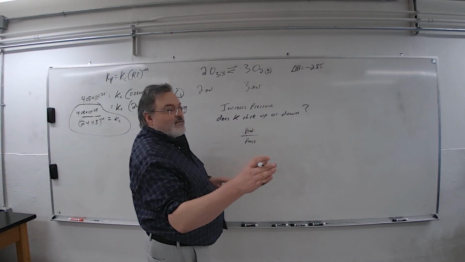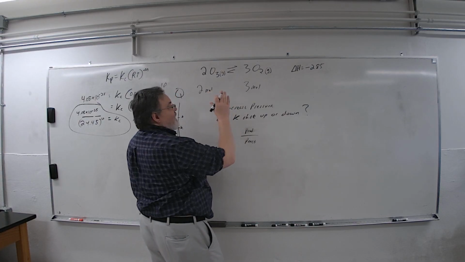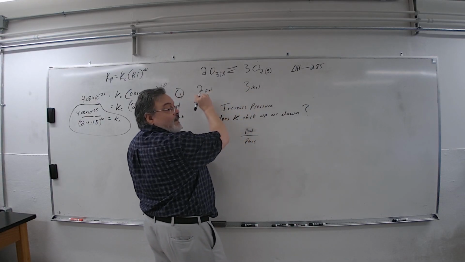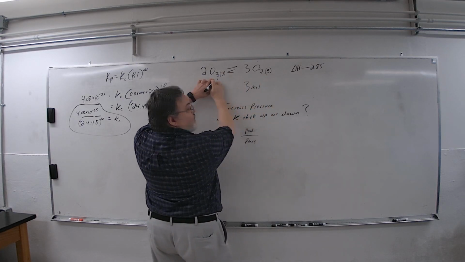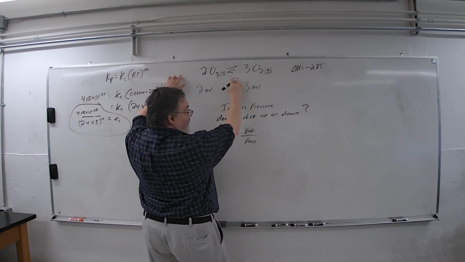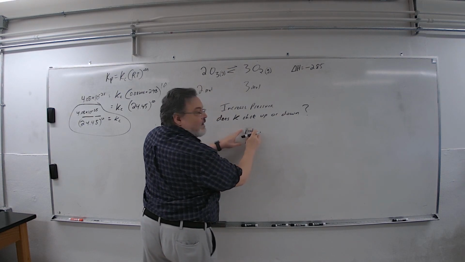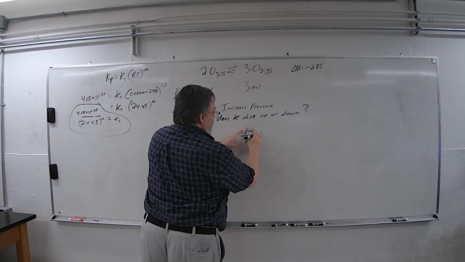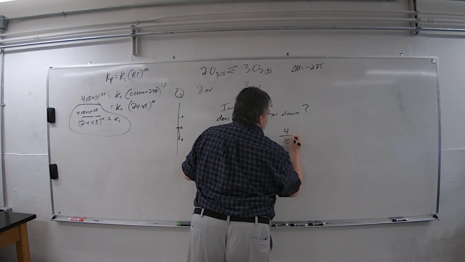So you understand this much. I got more moles of gas over here and less over here. So if I increase pressure, it's going to shift this way. If it shifts this way, that means I'm getting less of this and more of this. So this is getting bigger while this is getting smaller. Like 4/10.